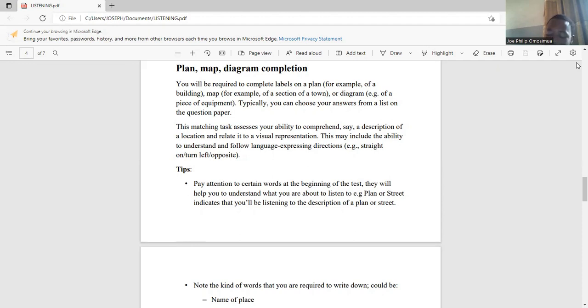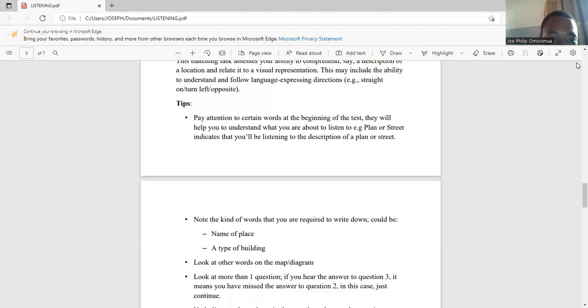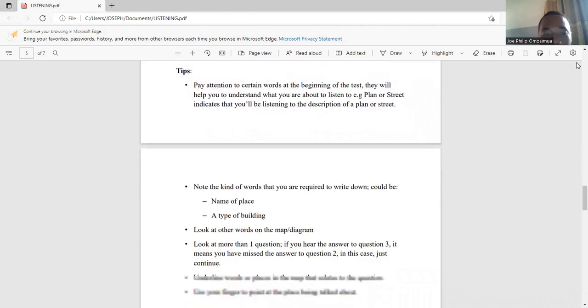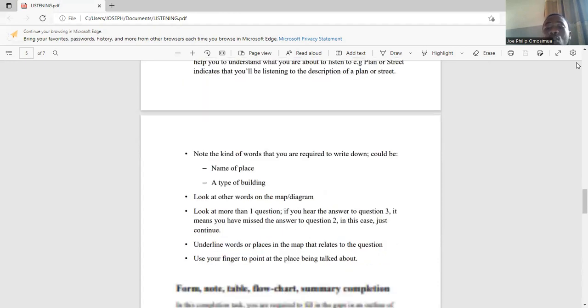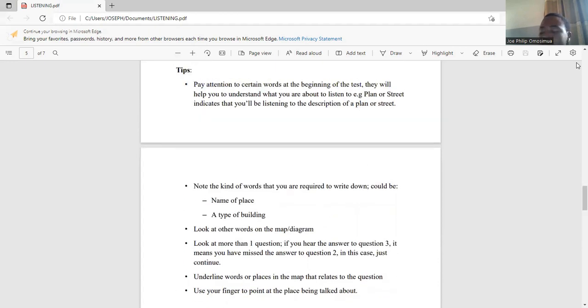Now, what tips can you apply to this question type? Tip number 1, pay attention to certain words at the beginning of the test. Places like the entrance. At the beginning of this test, they would always tell you, okay, let's take a tour of the Riverside community.